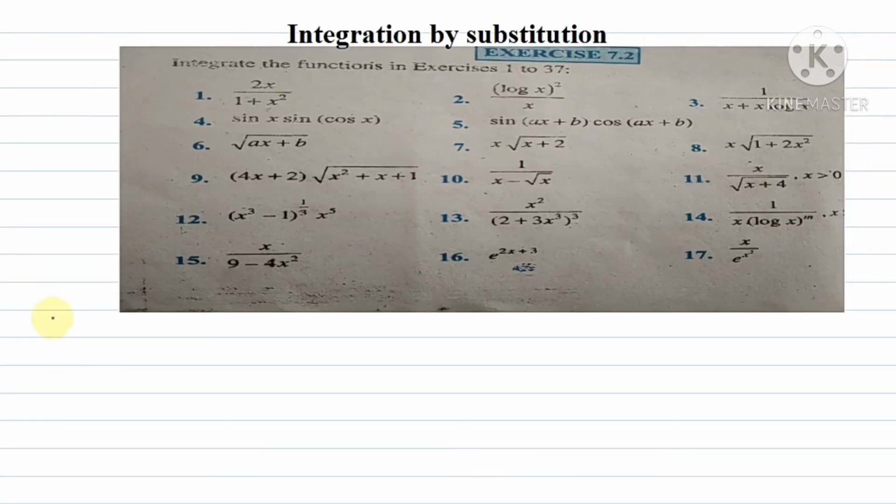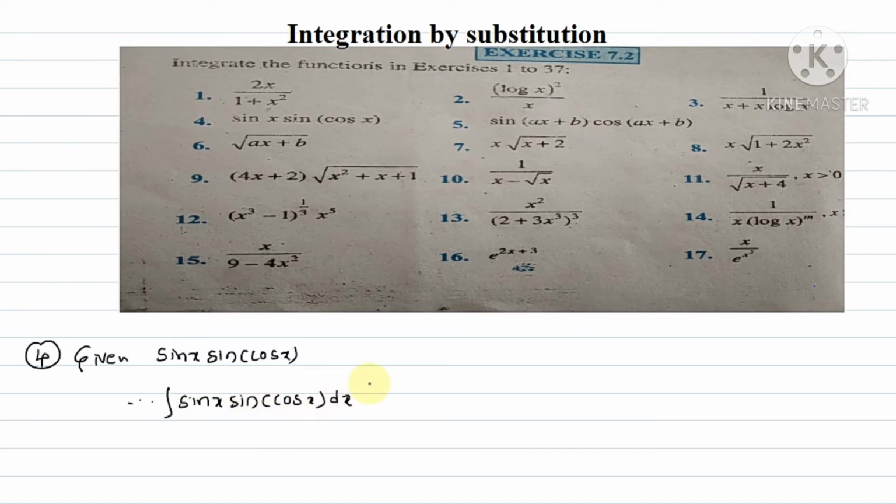Next, coming to the fourth question. The question is sin x into sin of cos x. We have to find the integration of this: integration of sin x into sin of cos x into dx.